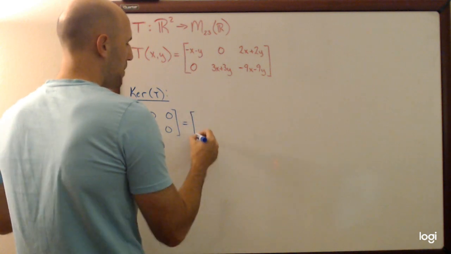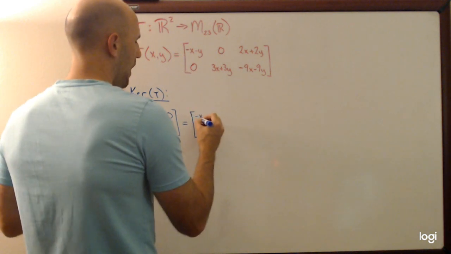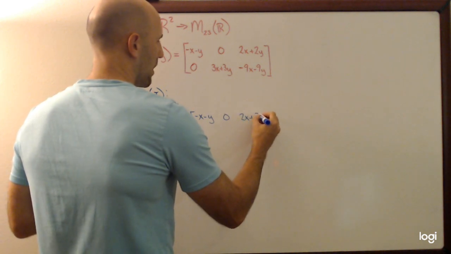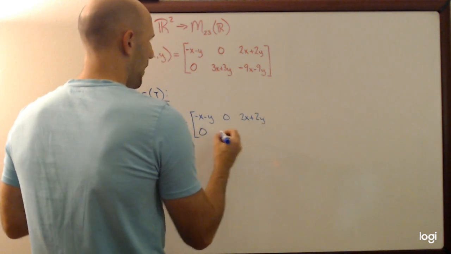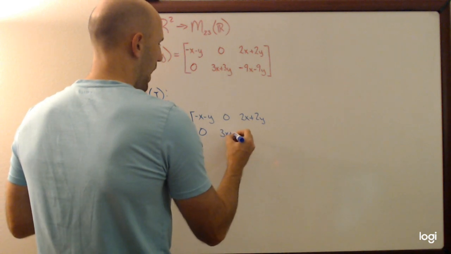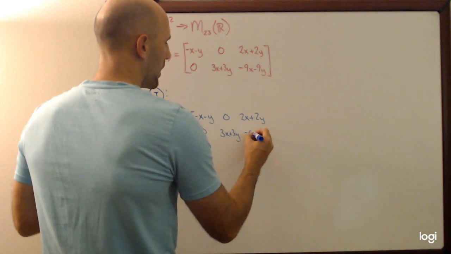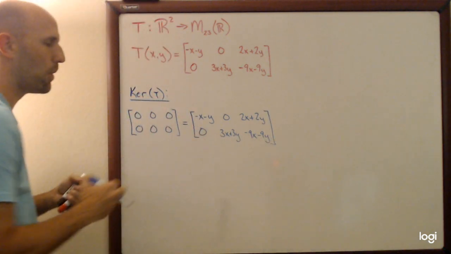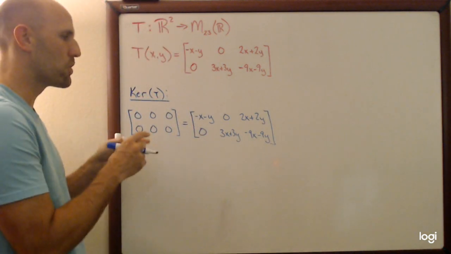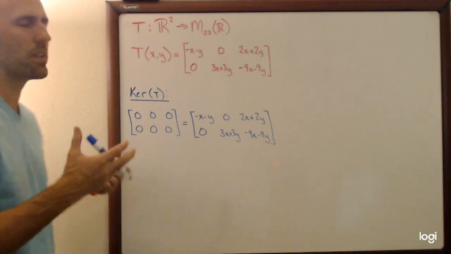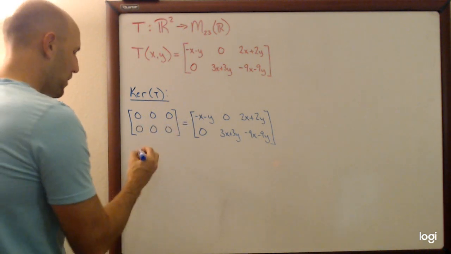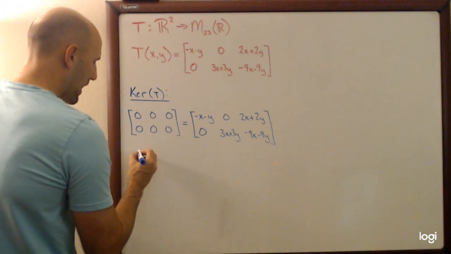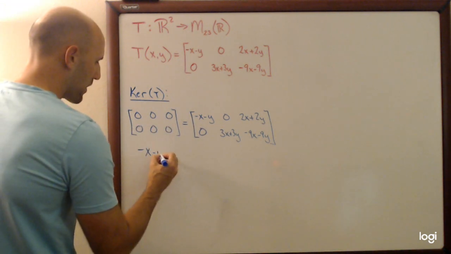And this is supposedly equal to some mapping of a vector xy. Well, if these 2 matrices are going to be equal, each individual component would have to be equal. So for instance, 1 entry and 1 entry must be the same. That gives me negative x minus y must be 0.